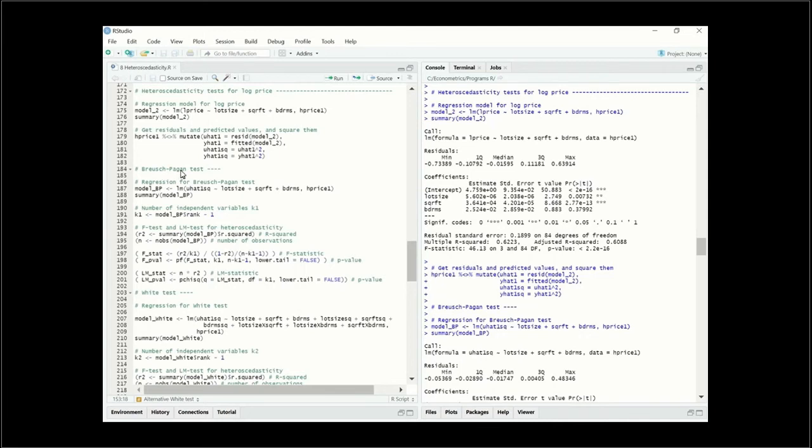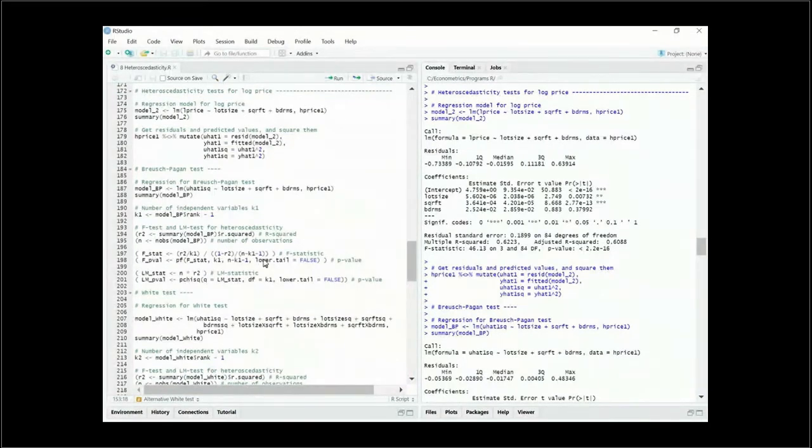The Breusch-Pagan test is regressing the squared residuals on the independent variables. And then we're going to be using again the F test and the LM test for heteroscedasticity. So we need to know what the number of independent variables is, and then pick up the R squared and the number of observations to form the F statistic here.